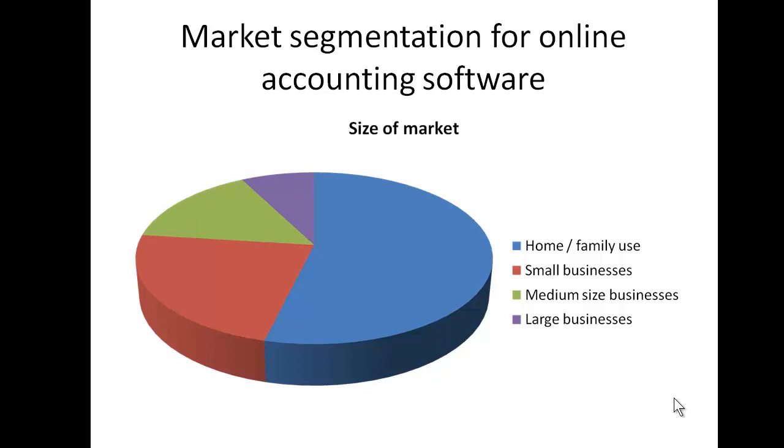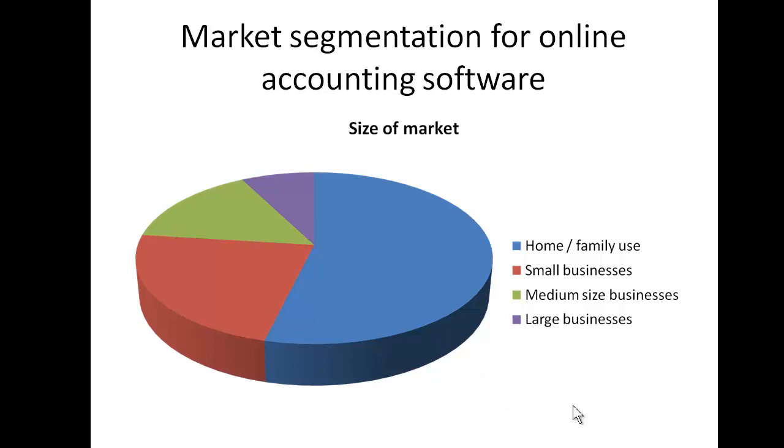So what you need to do in this particular part of your plan is to think about your overall market and try to describe different segments of your market, like for example here, home and family use of accounting software, and then we have small businesses, medium-sized businesses, large businesses, and you have to list all your market segments based on whatever criteria, and at the end of the day you have to decide, okay, which segment is the most suitable and the most important for my business.